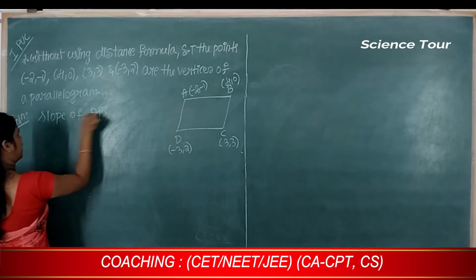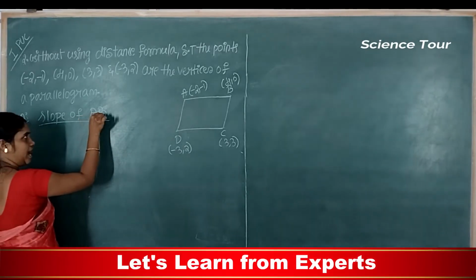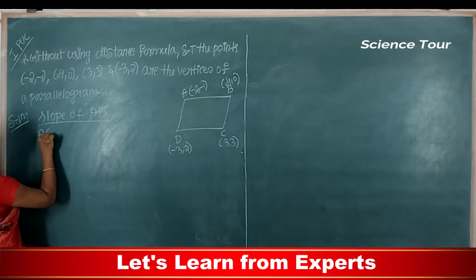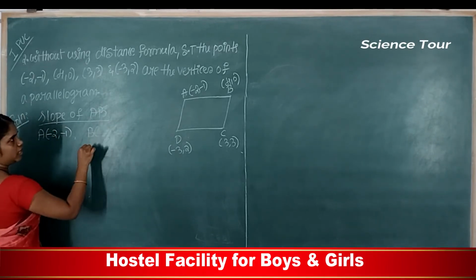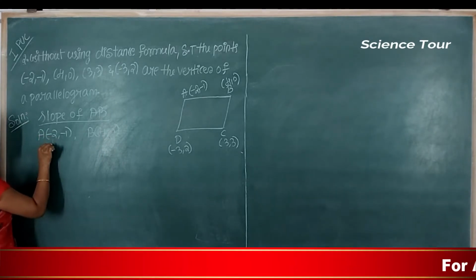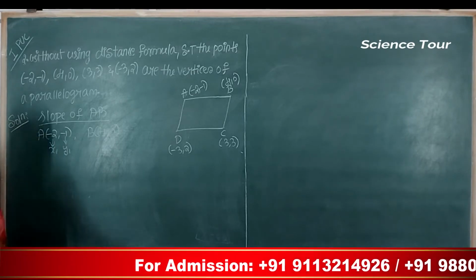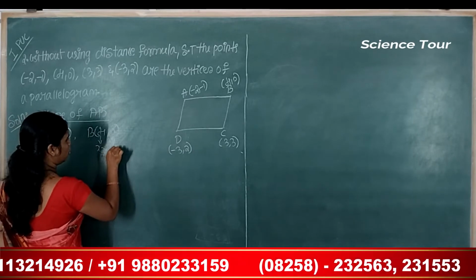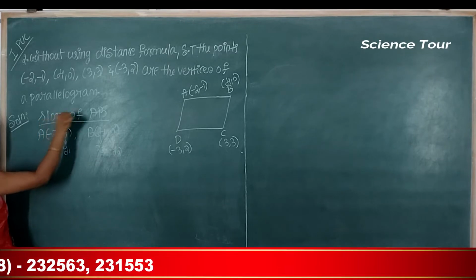While calculating the slope of AB, which 2 points do I have to consider? Point A as well as point B, isn't it? What is the coordinate of point A? Minus 2, minus 1. What is the coordinate of point B? 4, 0. Consider minus 2, minus 1 as x1, y1 and 4, 0 as x2, y2. Let m1 be the slope of line AB.